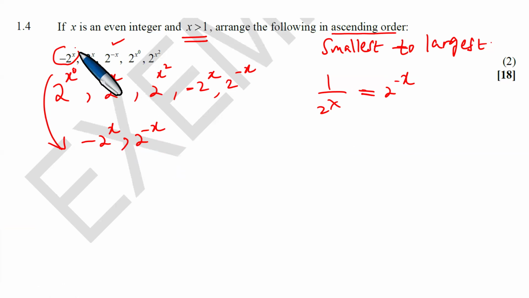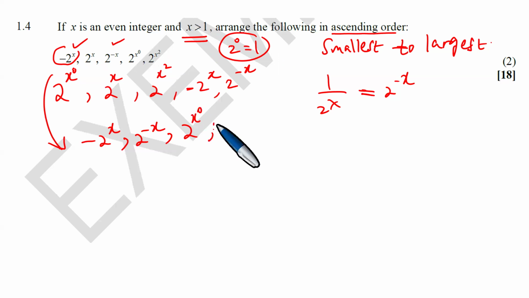Then the next thing is the one with 0, because x to the power 0 is going to be a 1. If x is bigger than 1, then x can be 2. What is 2 to the power 0? Well done, it's 1. So now this one is going to be like 2 to the power 1, which is 2. It's a positive number, so you can write this one.